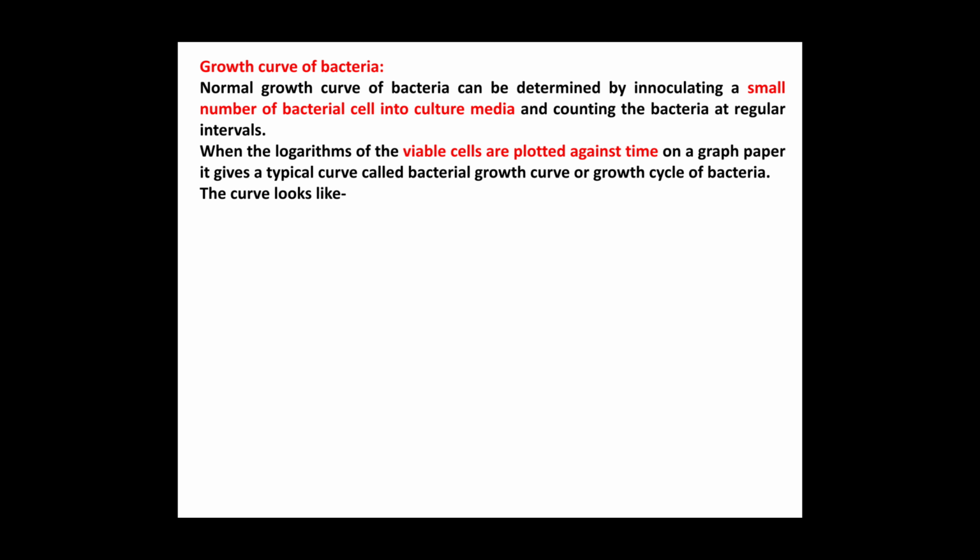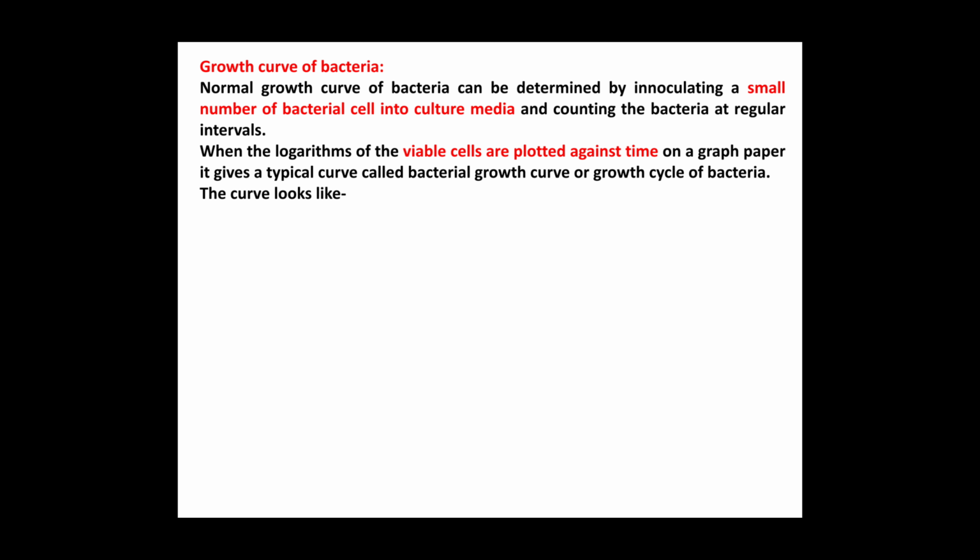When the logarithm of the viable cells, meaning the living cells which are able to multiply, is plotted against time on graph paper, it gives a typical curve called the bacterial growth curve or growth cycle of bacteria.